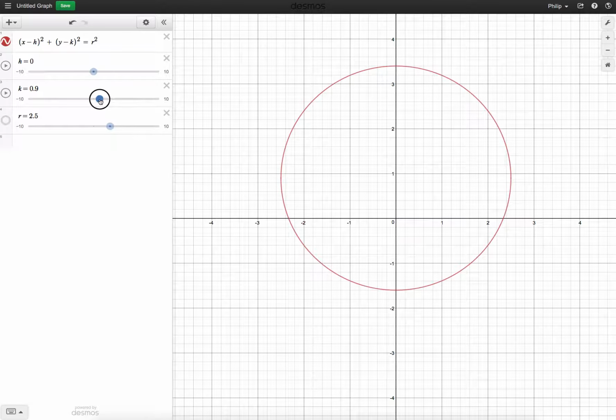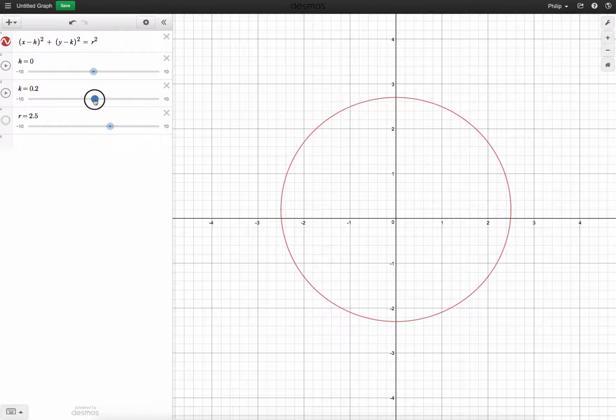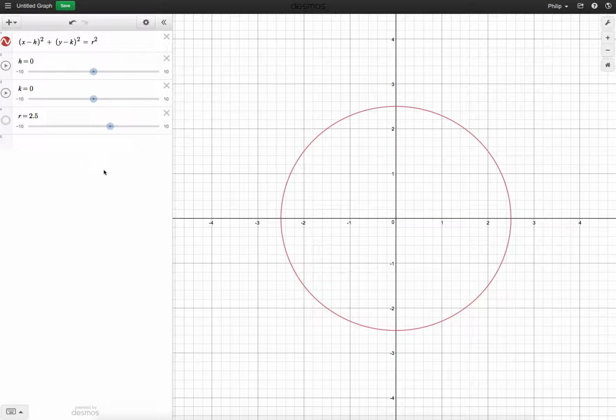Similarly, k gives the y-coordinate for the center of my circle. So with h equals 0 and k equals 0, we see that my circle is centered at the origin.